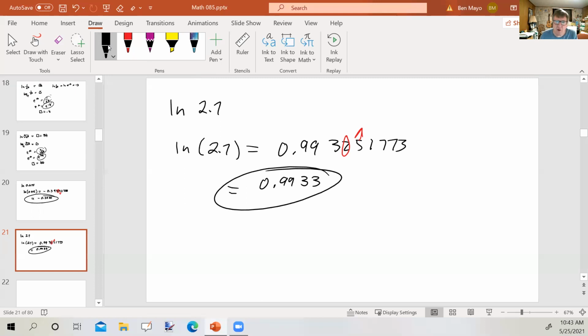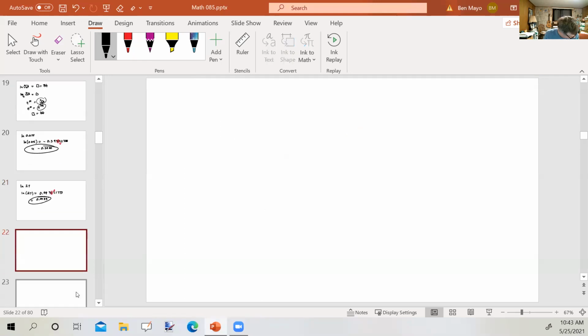Now it says solve each equation. Express all answers to 4 decimal places. We have the natural log of x equals 1.4023. Now, keep in mind, again, that ln, natural log, means log base e.